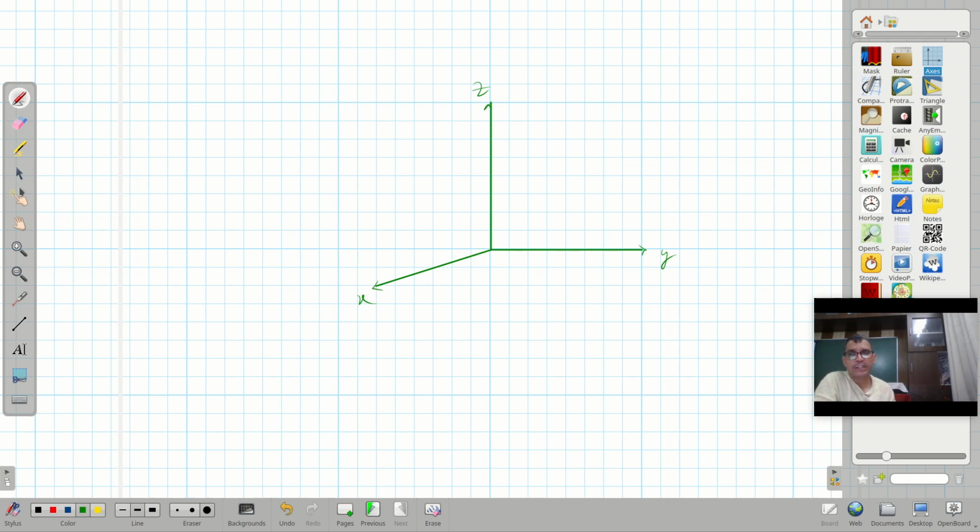So let us assume that it is a floor. For the sake of simplicity, let us assume that this is a floor. Say it is y-axis, a little bit extended. Yeah, so it is a y-axis.